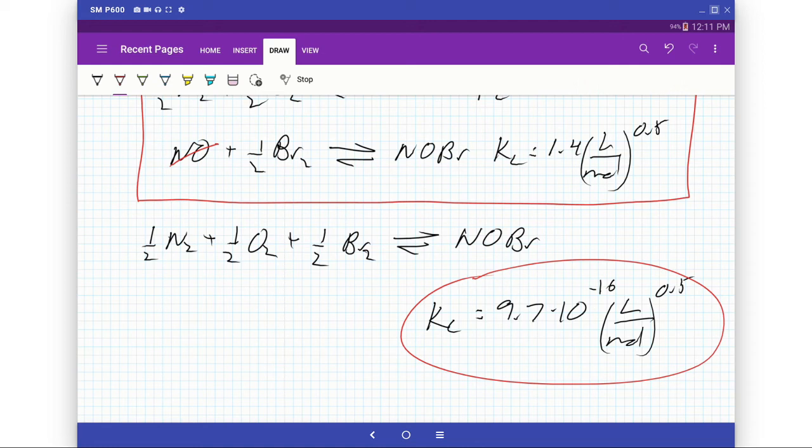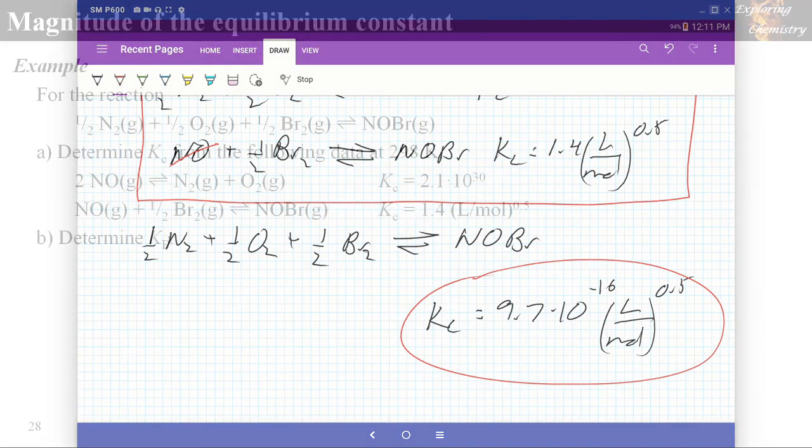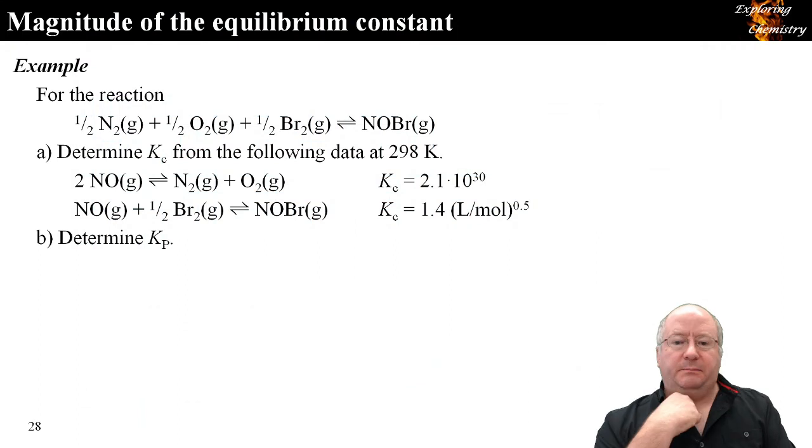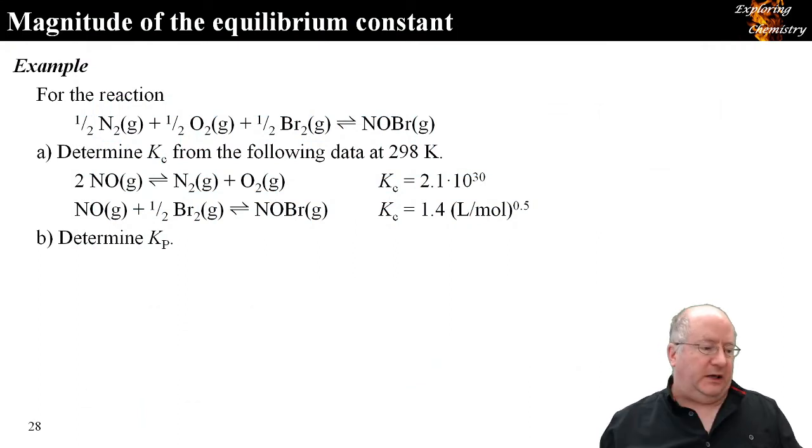Okay, that was the calculation of Kc. Are there any questions on that? If I now look at part B, it is the determination of Kp.